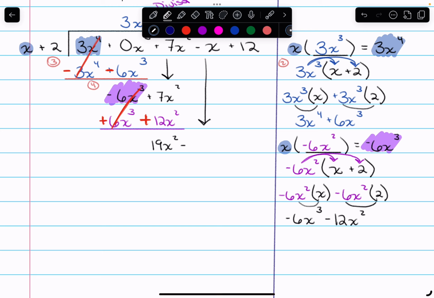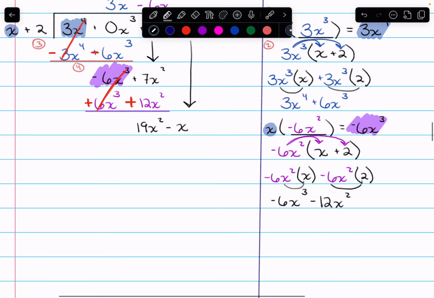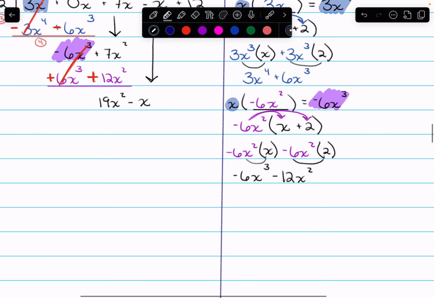Okay. I'm still pulling things down, so I have to go again. Ready? The first term of my divisor, times blank, equals the first term of my dividend. First term of your divisor times something equals the first term of your dividend.